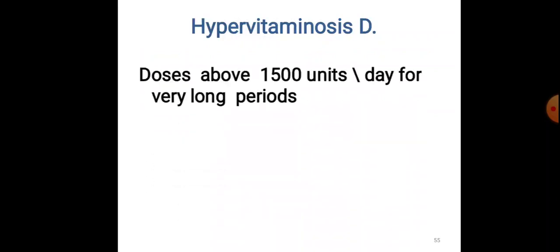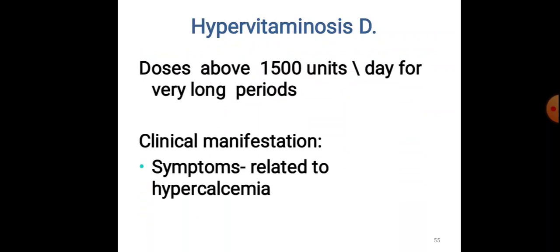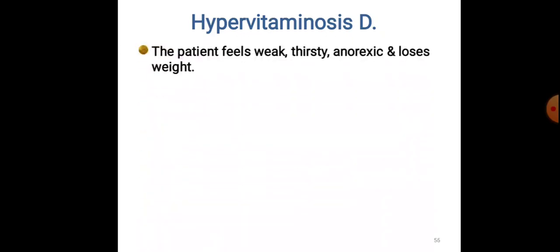Next, about hypervitaminosis D. Doses above 1500 units per day for a very long period will cause hypervitaminosis. So, what are the clinical manifestations of this? They are related to hypercalcemia, and these include the patient feeling weak, thirsty, anorexic and losing weight.